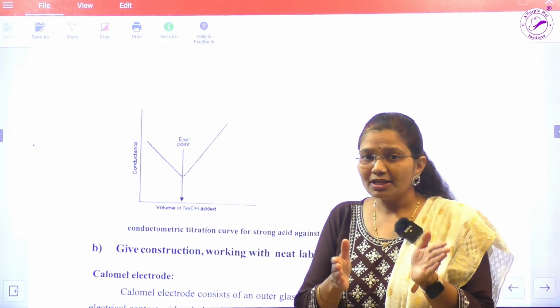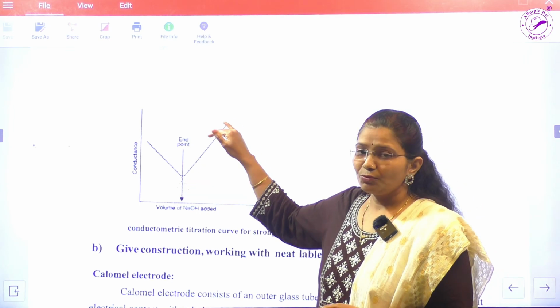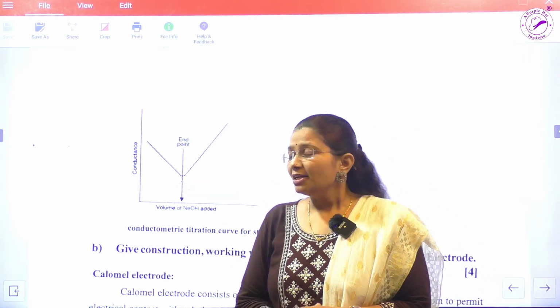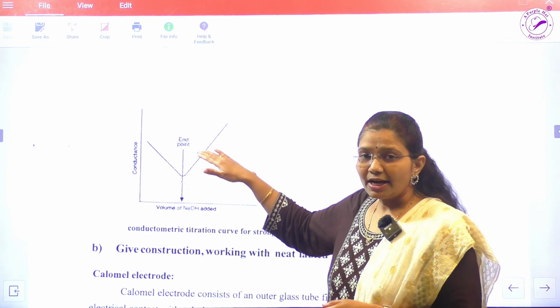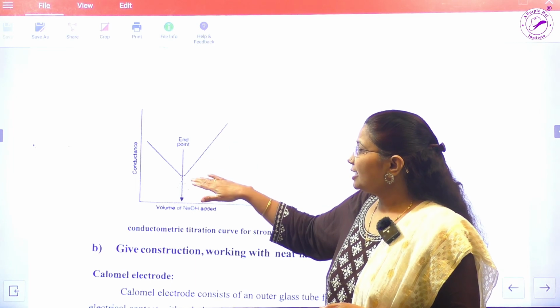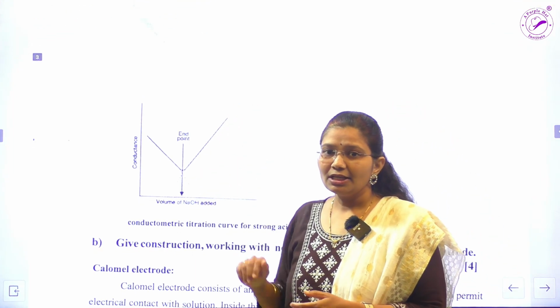Here all the HCl is neutralized with NaOH, and after the equivalence point, if you add further NaOH solution to the HCl, then because of these excess NaOH ions the conductance increases.